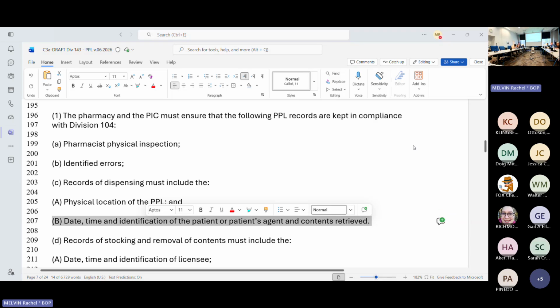So if someone could get there potentially with a barcode, I'm thinking of when you order something at Home Depot and go get it from the locker, they give you a code that you can scan. If the pharmacy can trace back who that individual was, would they be able to identify the patient or patient's agent and the date and time and contents of that? Would that suffice for the board?